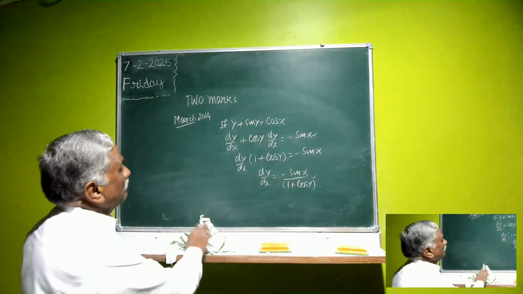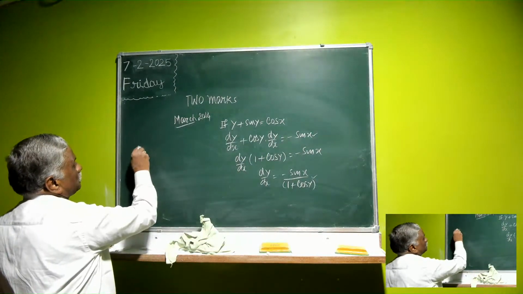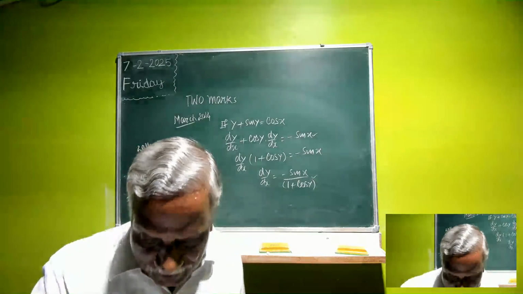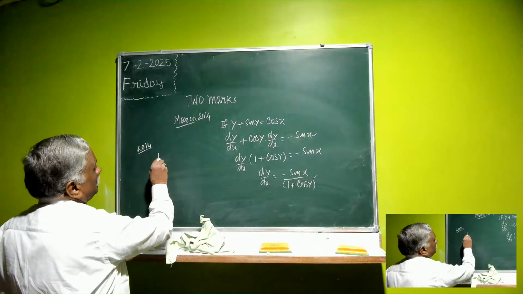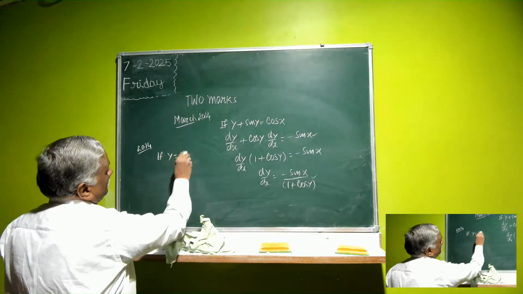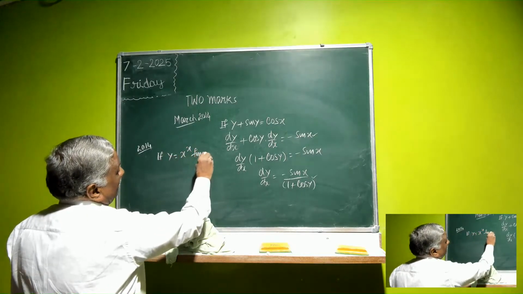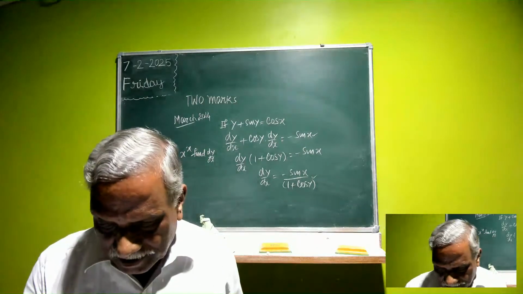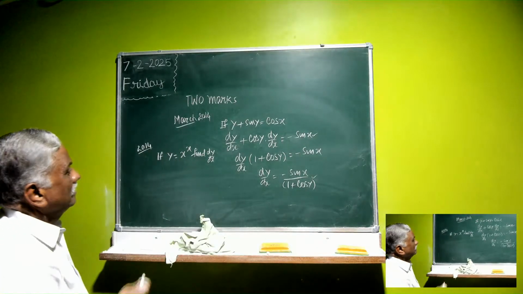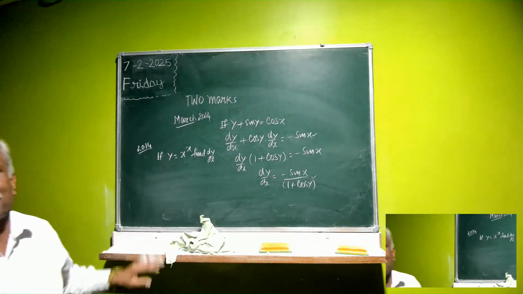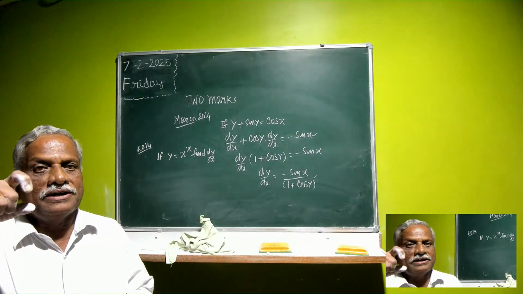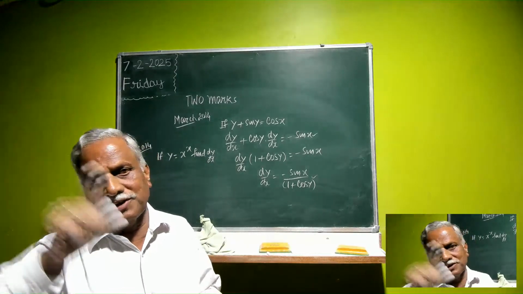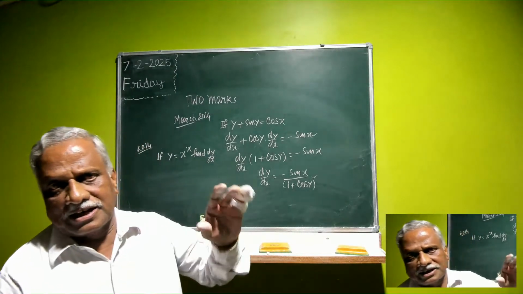Now, they have given one more problem in March 2014. If y is equal to x to the power of x, find dy by dx. See, while explaining logarithmic differentiation, I have told you that logarithms have to be used if you have functions f of x to the power of g of x, all those things I have explained to you.